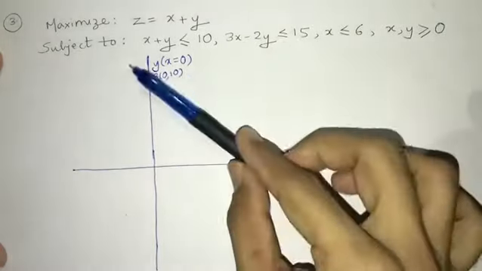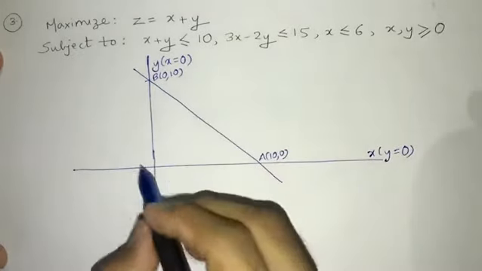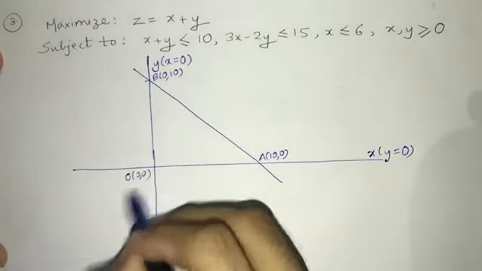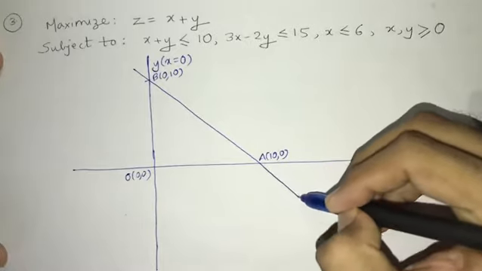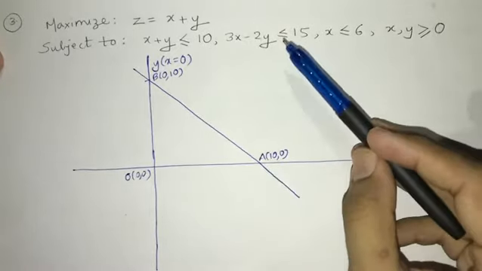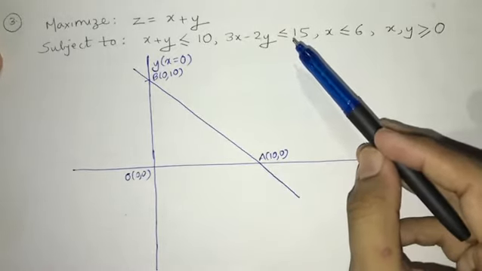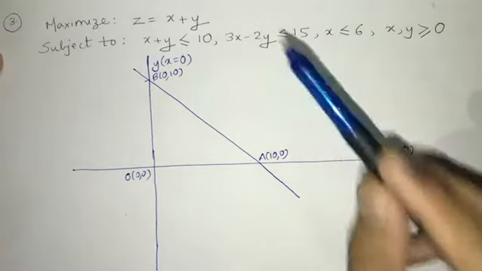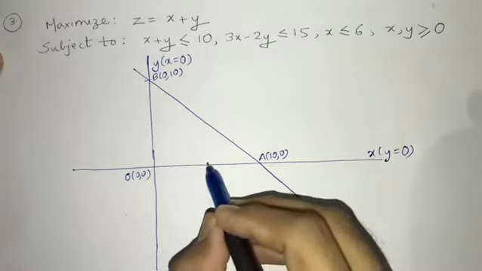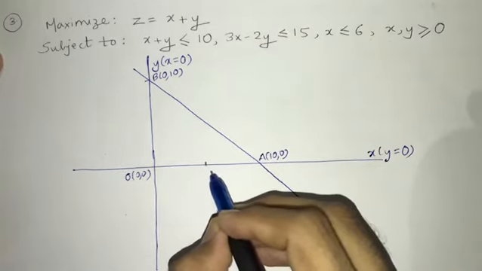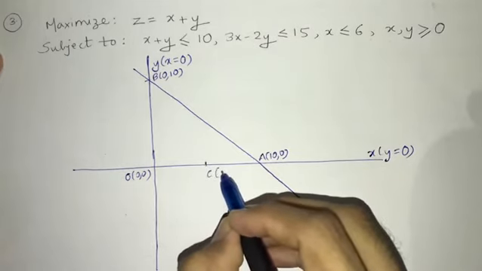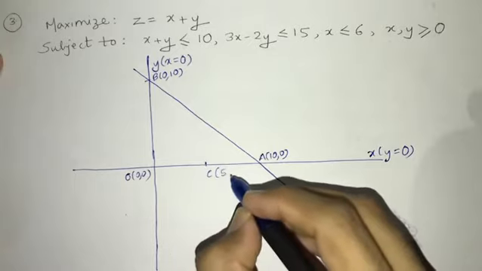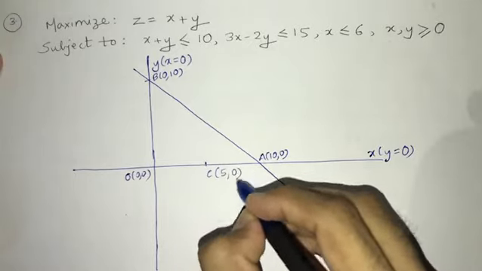The solution side is of course the origin side. For the next line, the intercept you will get after dividing by 15: the x-intercept is going to be 5, at the midpoint here. So we have (5, 0) for the second line.